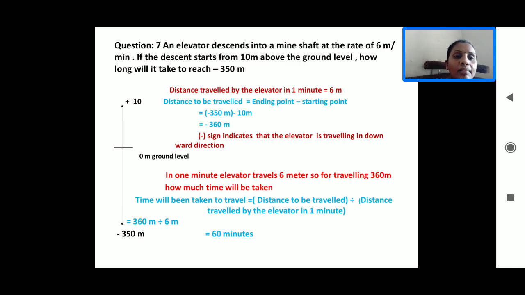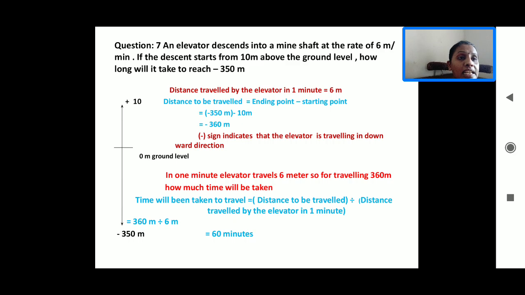Now in 1 minute the elevator travels 6 meters. So to travel 360 meters, how much time will be taken? Time taken to travel is equal to distance to be traveled divided by distance traveled by the elevator in 1 minute, which is 360 meters divided by 6 meters. Because the elevator has to travel 360 meters and can travel 6 meters in 1 minute.